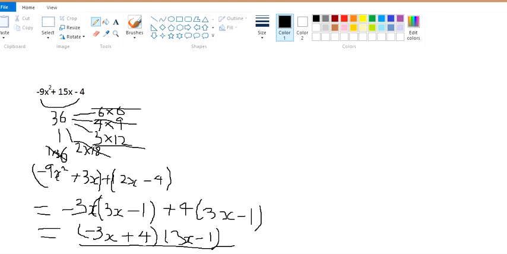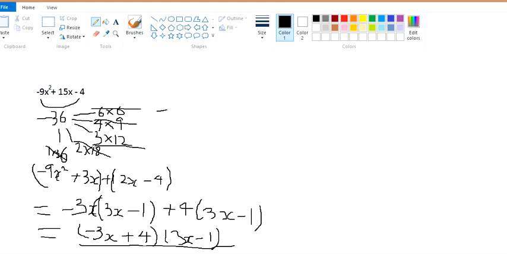If your master product comes out as negative, for example, negative 36, it gets a bit more complicated because you would still be looking for factors that would add up to the coefficient of b, but you have to take into account both positive and negative factors.